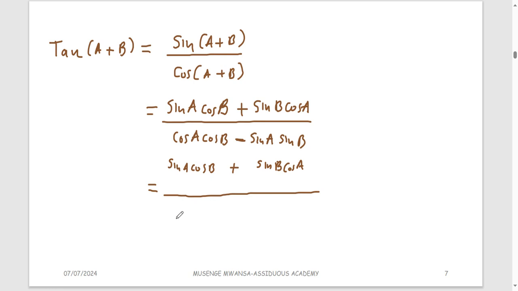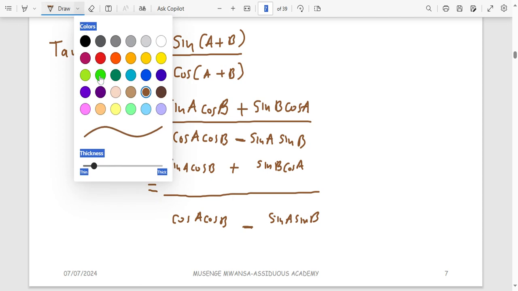That will be also the same I'll do down. Cos A cos B, but there's a minus, and then I'll still write sine A sine B. And then what do we do next? What you are going to do next is that now you start dividing.